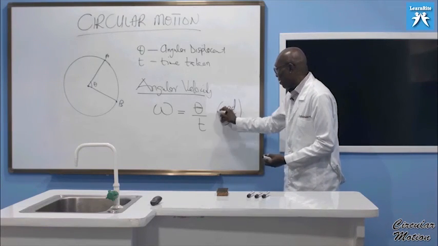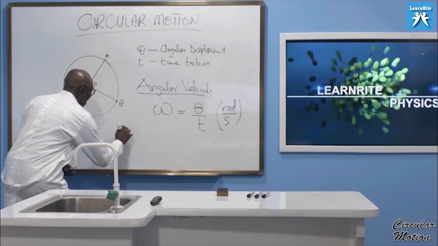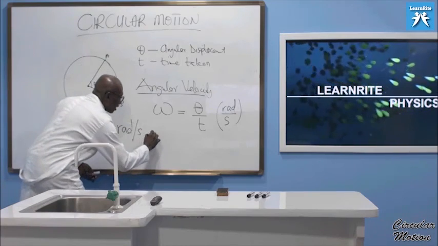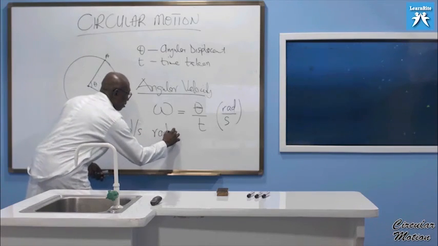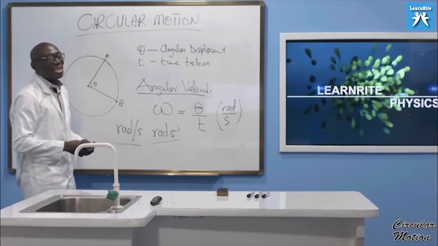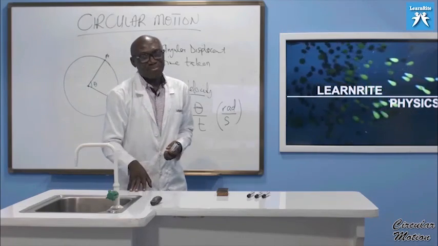When you simplify this, it is simply written this way: radian per second. So this is the SI unit of angular velocity.